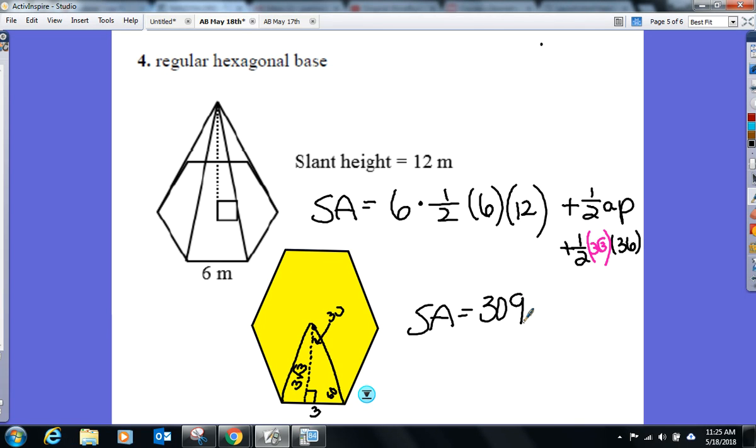It's all right, it's on a different page, but we're going nearest 10 still. Nearest 10 for the surface area: 309.5 square meters. So we are right there.